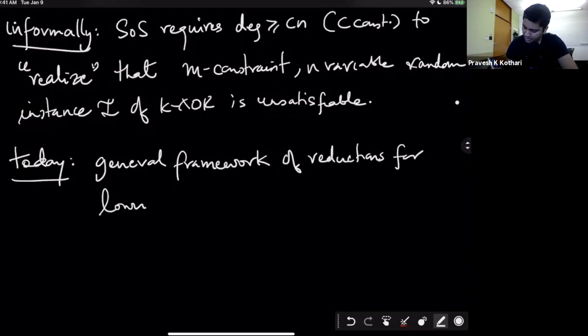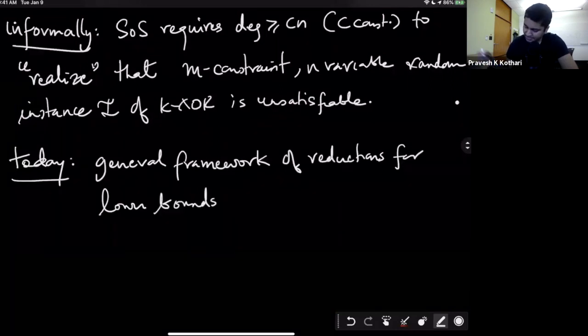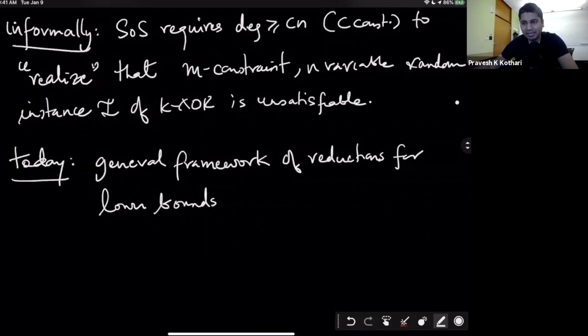But in order to do this, we first have to understand what it means to find a sum of squares certificate for problems which are not of the form of kXOR. So far, we've spent many classes and derived some interesting results by looking at pseudo distributions over the hypercube and problems which look like maximizing a polynomial over the hypercube.